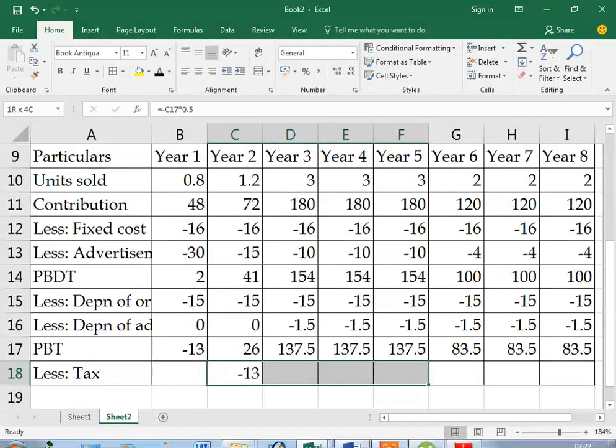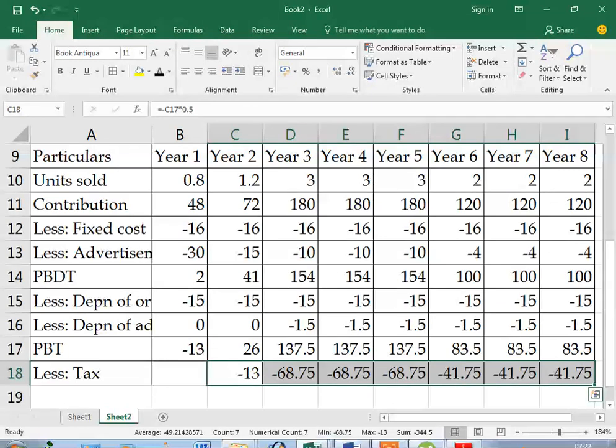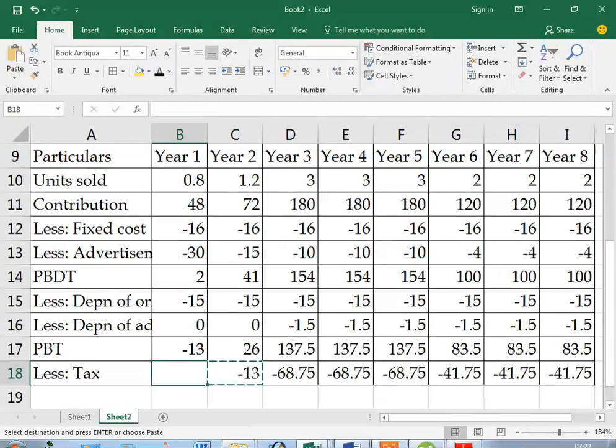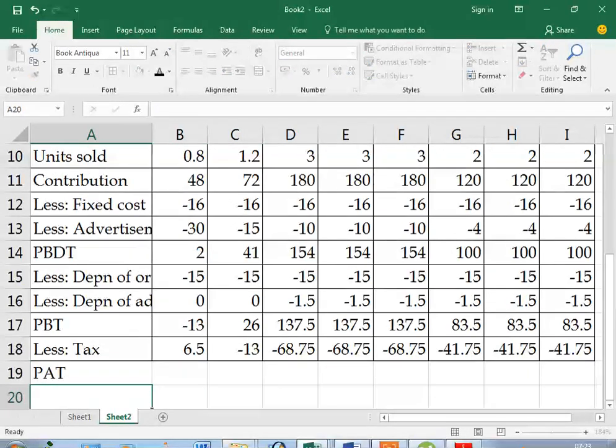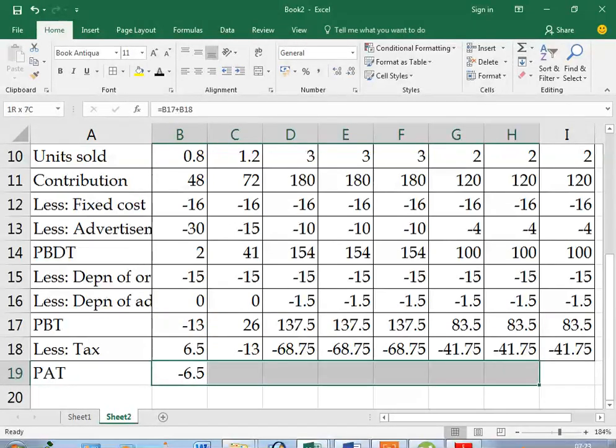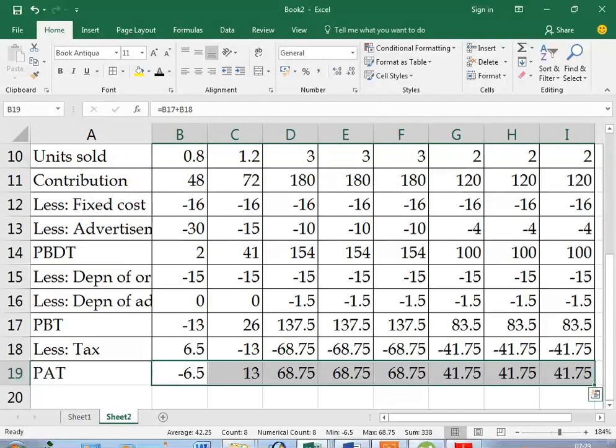So this is my tax outflow for all these years. When it comes to this year, please listen. It's a saving, 6.5 of inflow. This is one way of solving a problem, and my PAT will become, listen for some time. This will be my PAT.